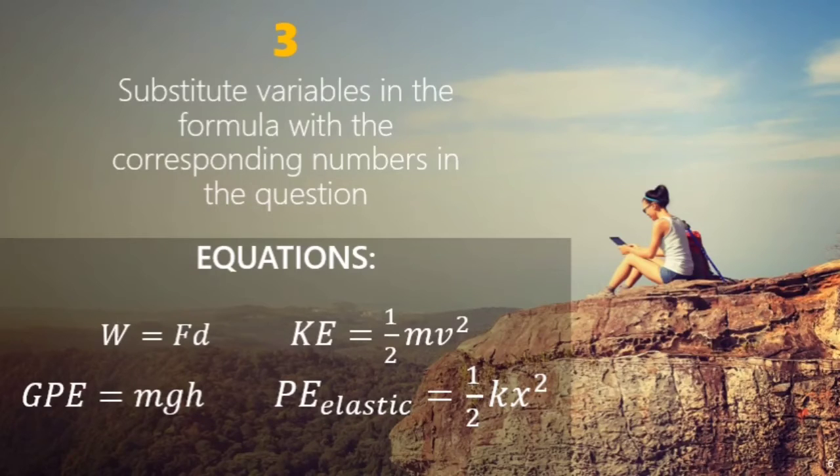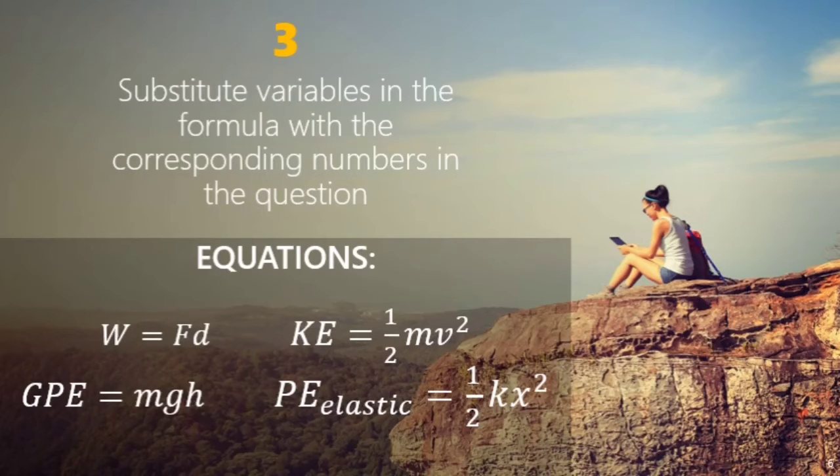Now, even in this picture right here, I see a lady sitting on top of a cliff. I'm thinking if this turns into a physics problem, she or her tablet might fall off the cliff. And initially, all you have is mgh. And then if it wants to know the speed at the bottom of the hill, the only thing you're going to have at the end is KE.